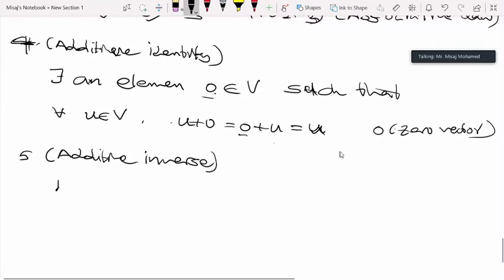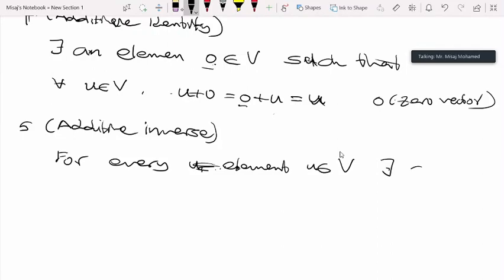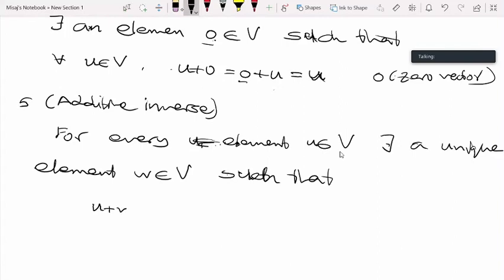For every element U in V, there exists a unique element W in V such that U plus W is equal to W plus U, which must be 0. 0 means this is 0 vector.